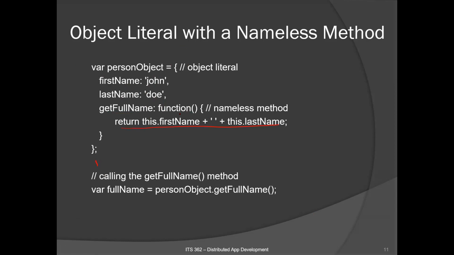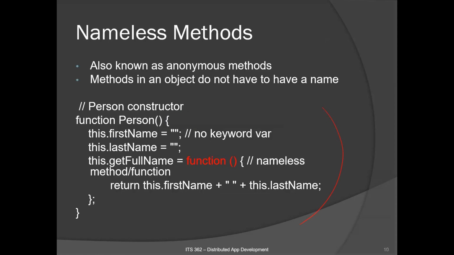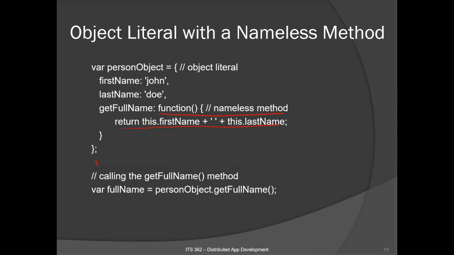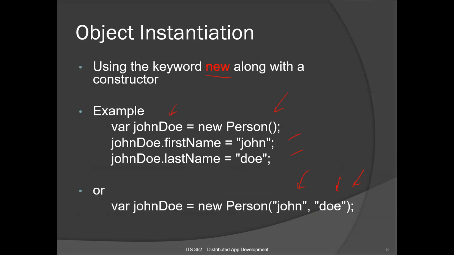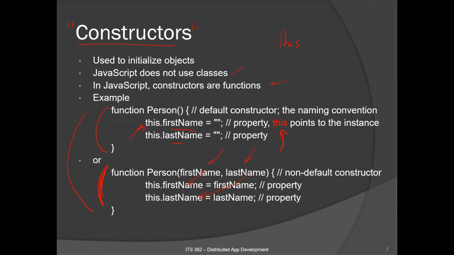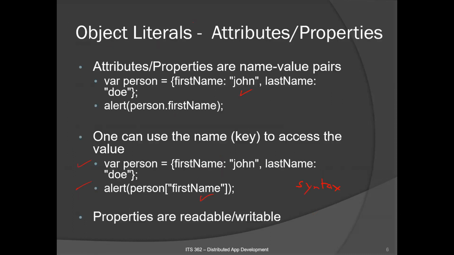So notice the contrast between this and this approach, right? This approach is more like what we did here, right? So when we did this, no, we did it here. Sorry, this one.